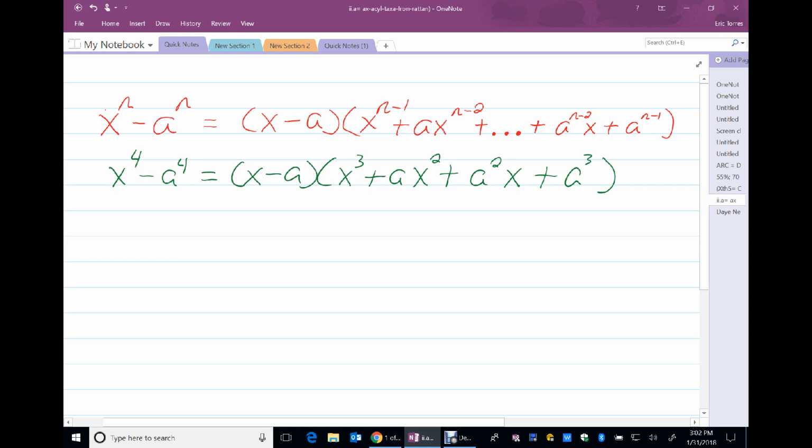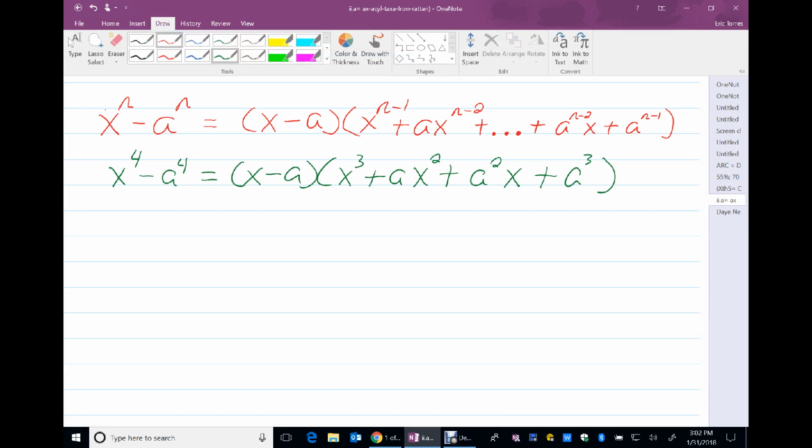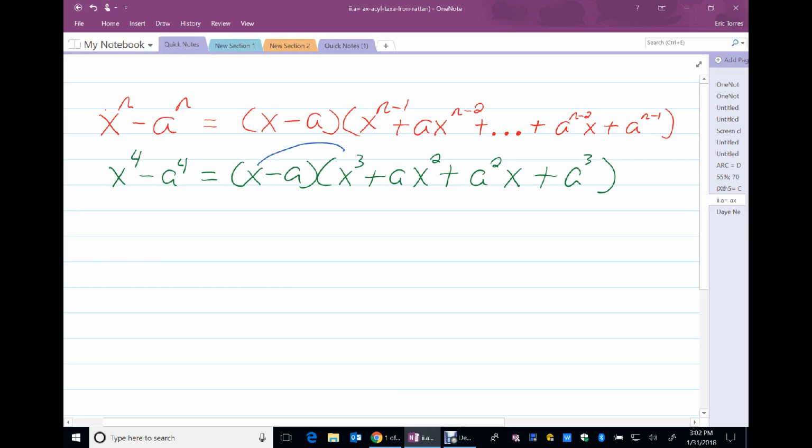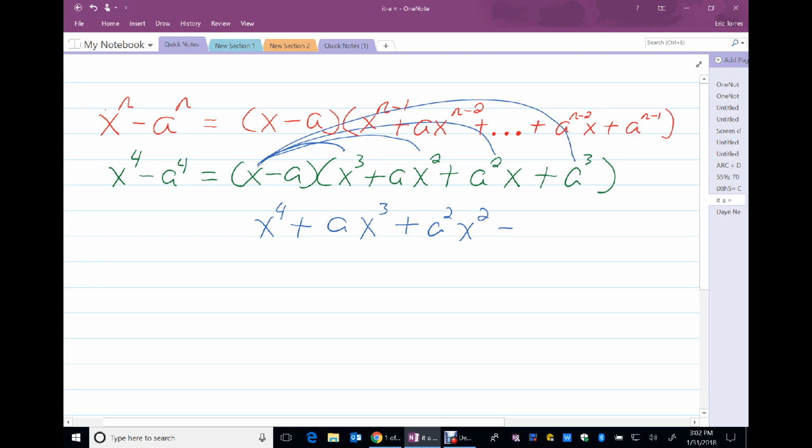Now, if you were to distribute this out item by item, you would see that when I distribute the x out first, let me color code that, I get x to the fourth plus ax cubed plus a squared x squared plus a cubed x.